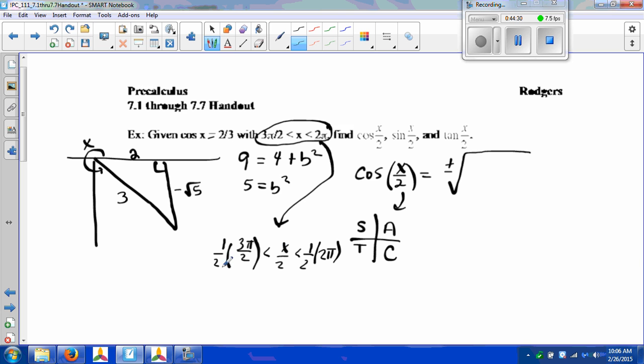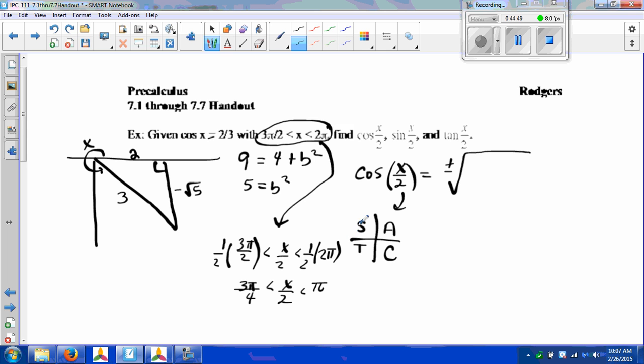So it'll tell you exactly where it is. So 3 pi over 4, and what is that? Pi. Between 3 pi over 4 and pi, where is that? Well, this is 1 pi over 4, 2 pi over 4, 3 pi over 4, 4 pi over 4, which is pi.